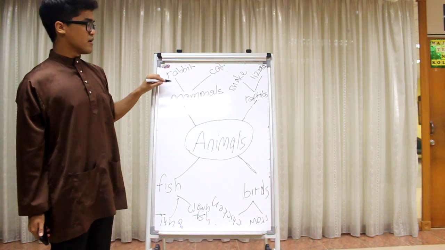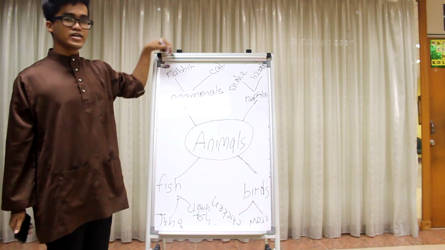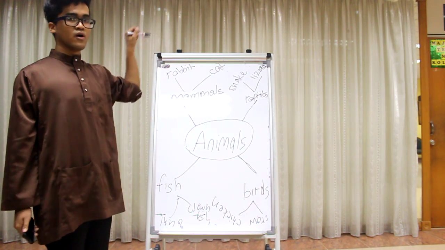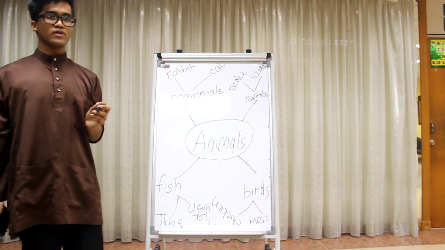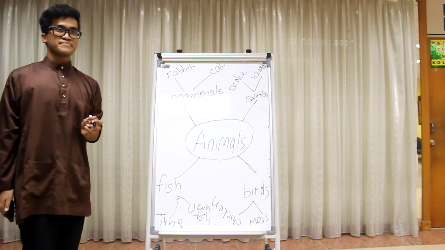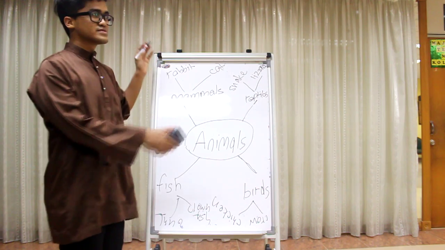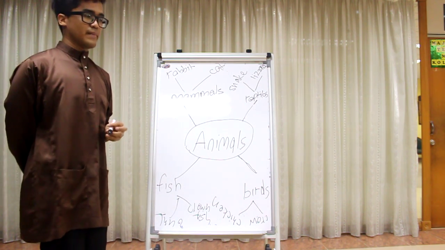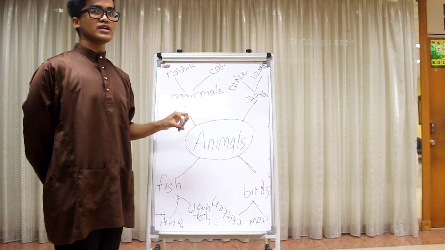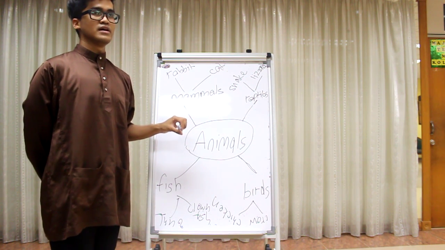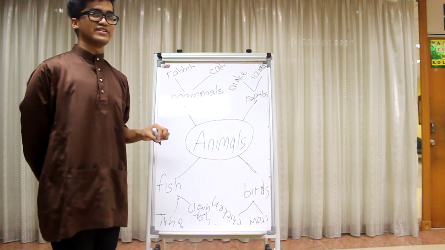Instead of categorizing it with words, you can also draw in order to make it more appealing and also understandable. And that concludes the lesson on concept mapping, which is one of the cognitive learning strategies that we use to assist learning tasks. Thank you very much.